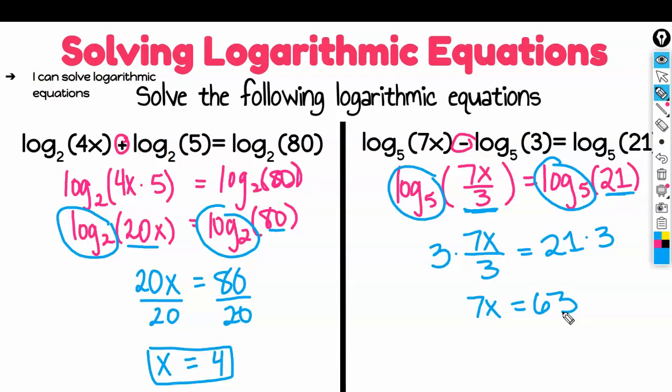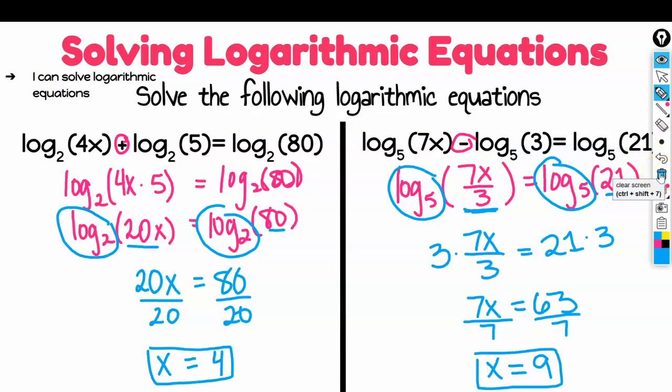Then finally, to get the x alone, I want to divide by this 7. And that would leave me with x equals 63 divided by 7, which is 9. So our first scenario is that when we finish simplifying, we will have a log with the same base on both sides of the equation.